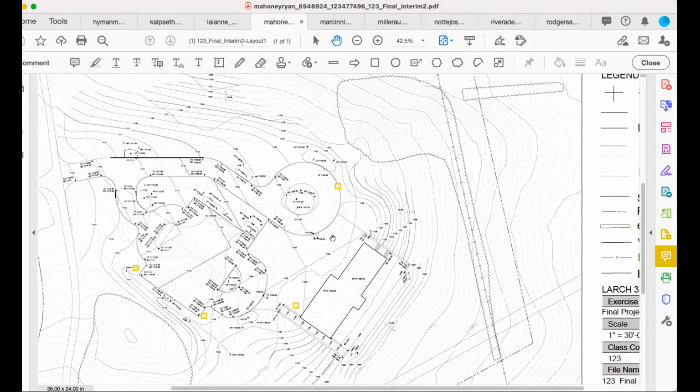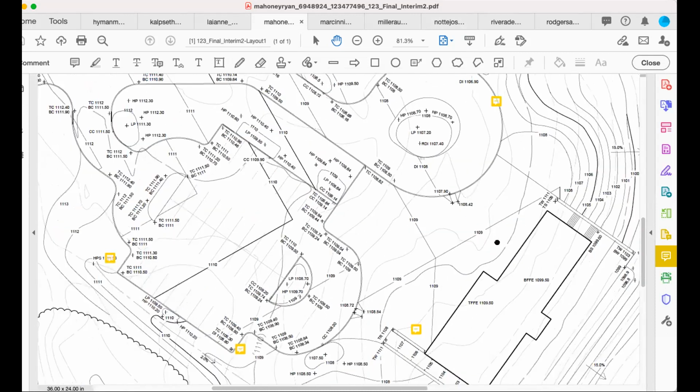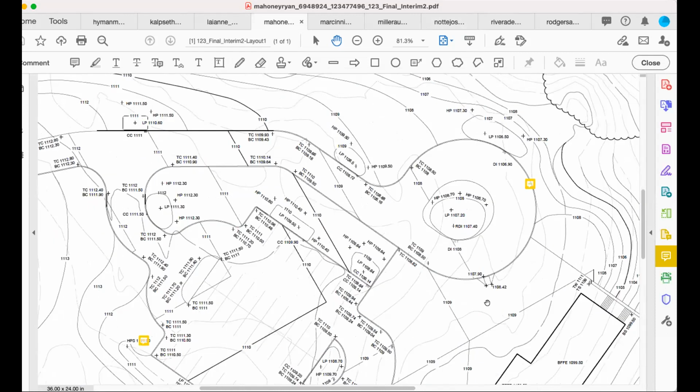Yes, you do need a 1107. And I would encourage you to increase the contour number so it's very easy to see where things are. And yes, you offset this line by 50. That's where your... not parallel.